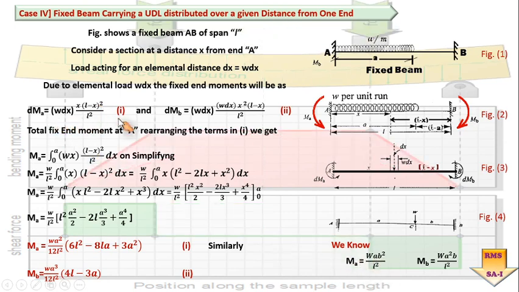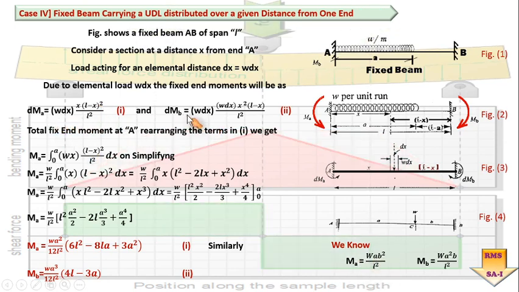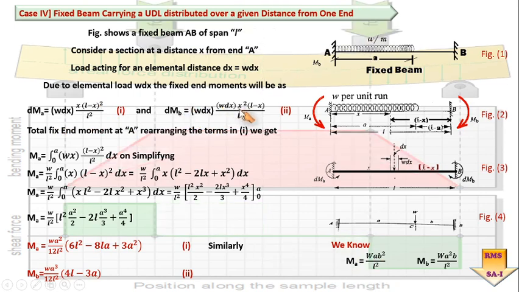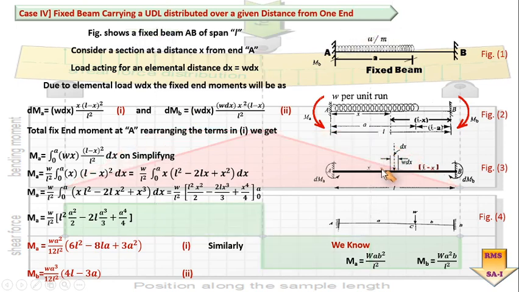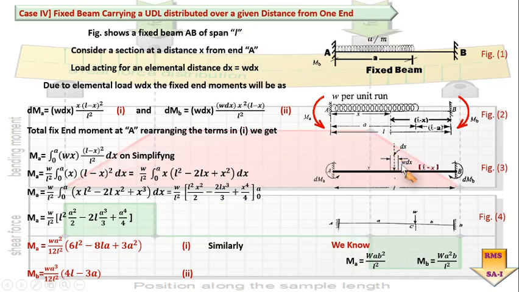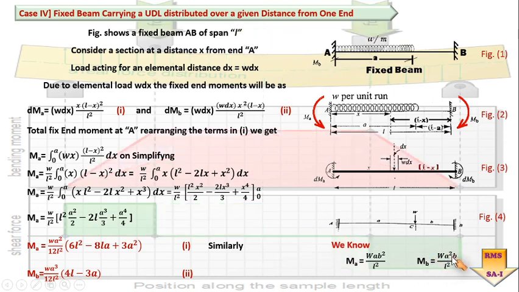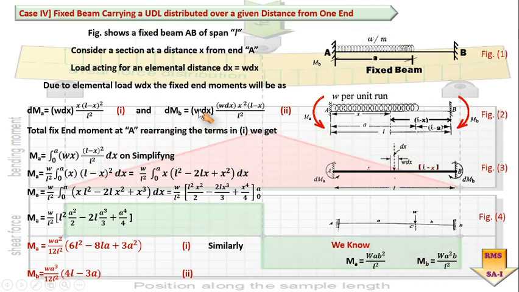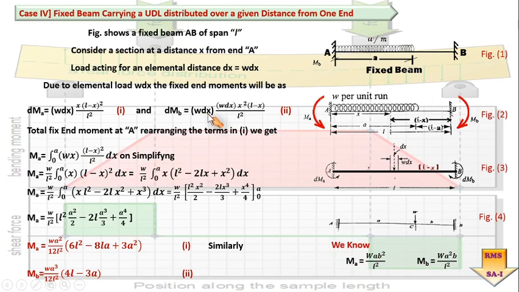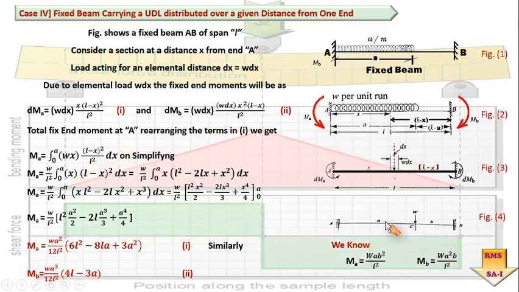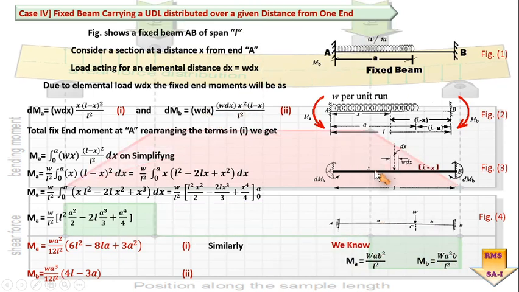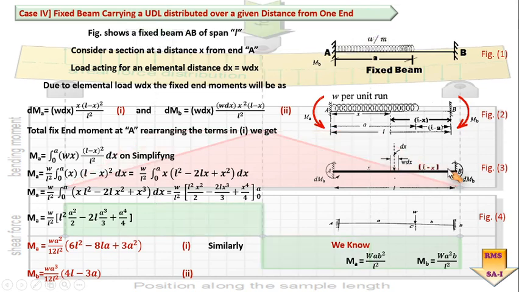So this is dMA. Similarly, for working out the fixed moment at point B due to the small elemental strip, that is the equivalent point load w dx, we apply MB equal to W a square b by L square. So here w dx is the equivalent point load, x square into (L minus x).